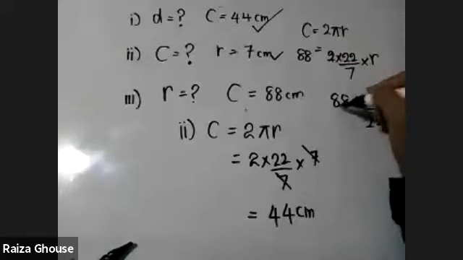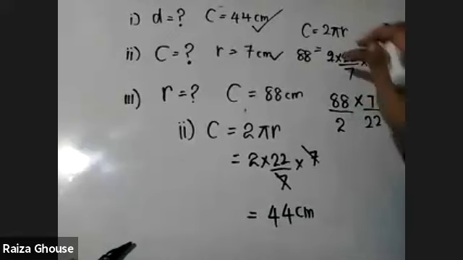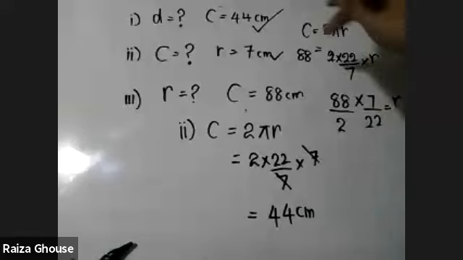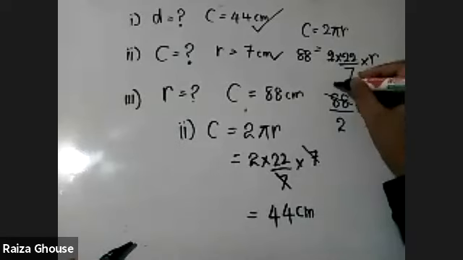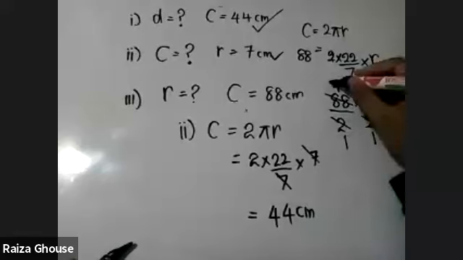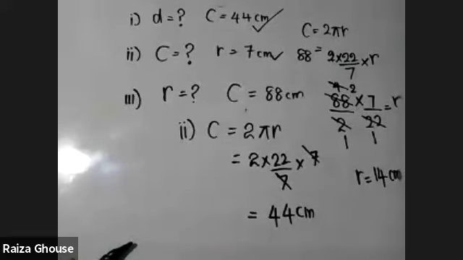When it comes to the other side, it becomes division. Can you understand? This 2 came down, 22 came down, 7 came up. Now we can cancel. How can we cancel? 22 times 1, 22 times 4. 2 times 1, 2 times 2. Radius equal 14 centimeters. This is the answer.